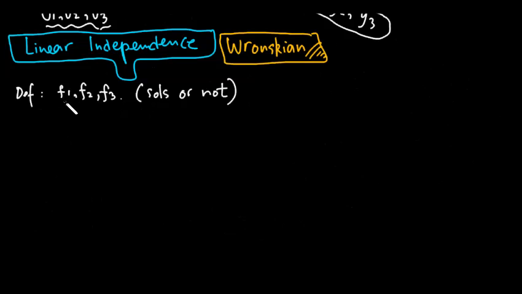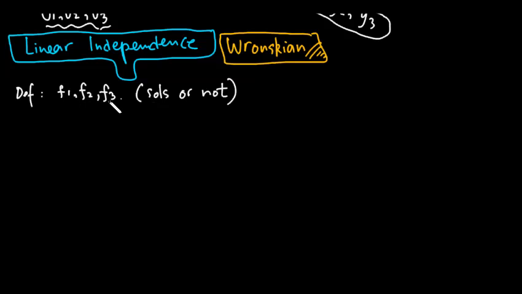So first, let's review the definition. I'm just doing this for three functions, but I hope you see the pattern so that you can extend it to four or higher, or even to two functions. Another thing is that these three functions are not necessarily coming from the solutions of a homogeneous equation.